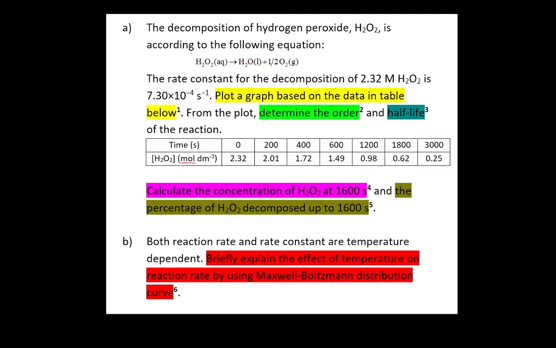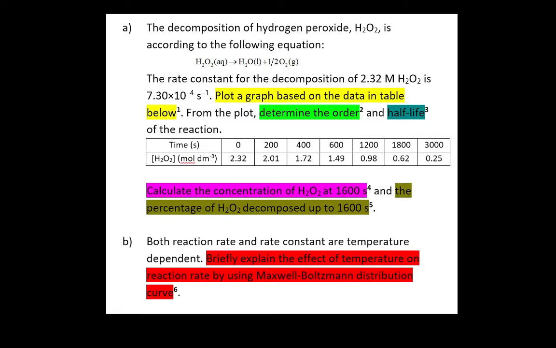Question number 4, calculate the concentration of hydrogen peroxide at 1600 seconds. Question number 5, the percentage of the hydrogen peroxide decomposed up to 1600 seconds. And lastly, briefly explain the effect of the temperature on the reaction rate by using Maxwell-Boltzmann distribution curve.